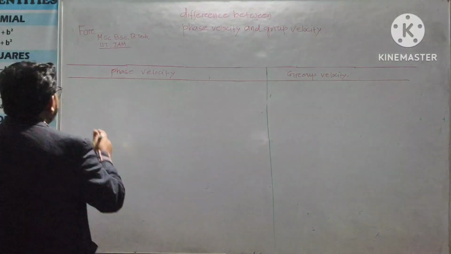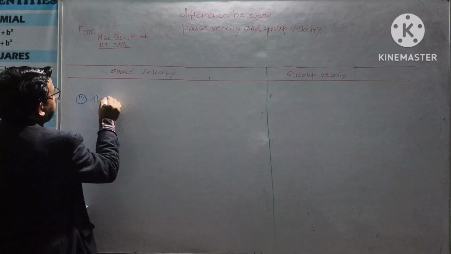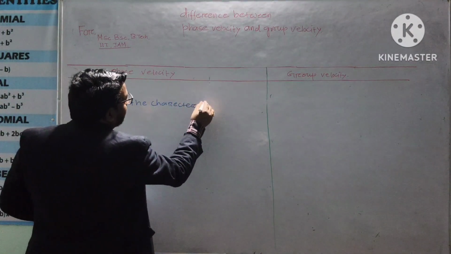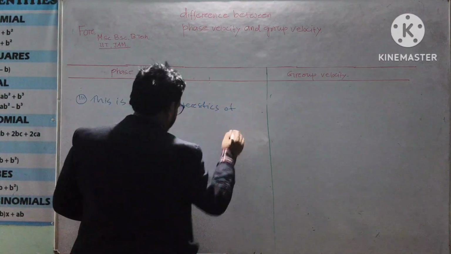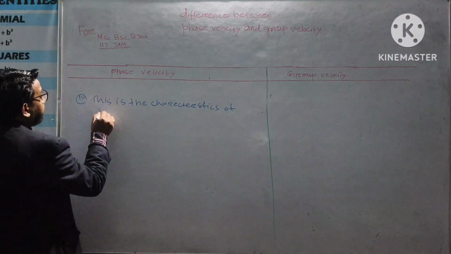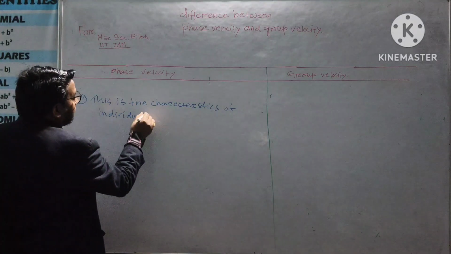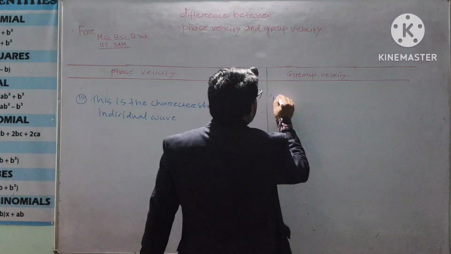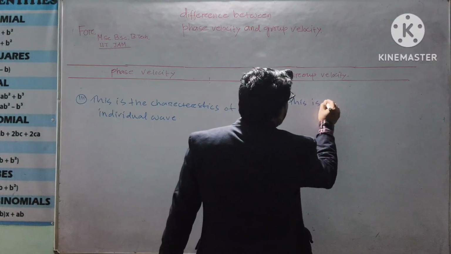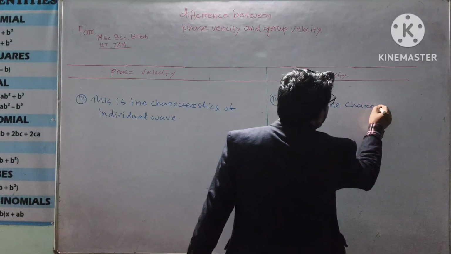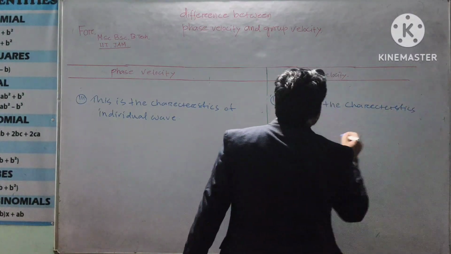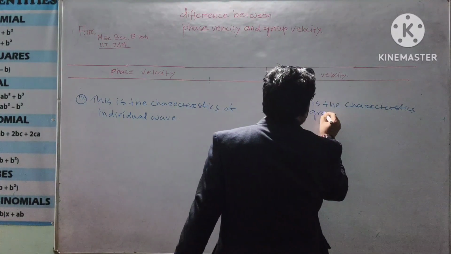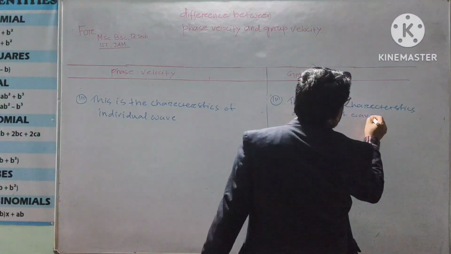This is the characteristic of an individual wave, and this is the characteristic of a group of waves.